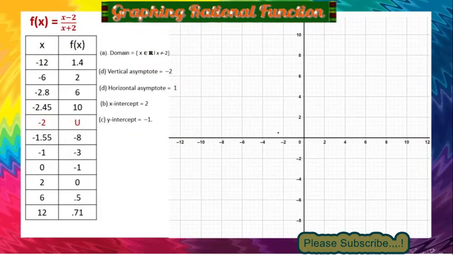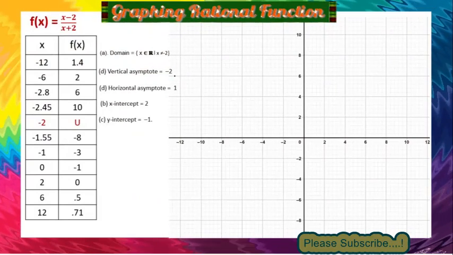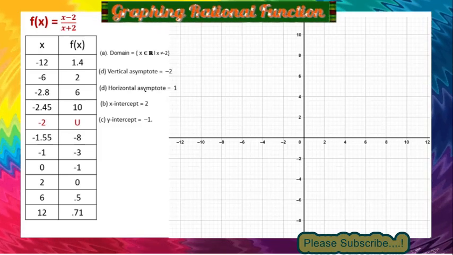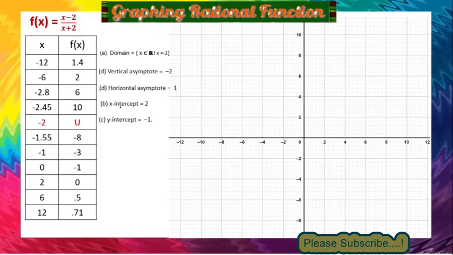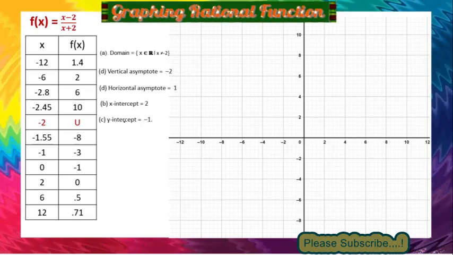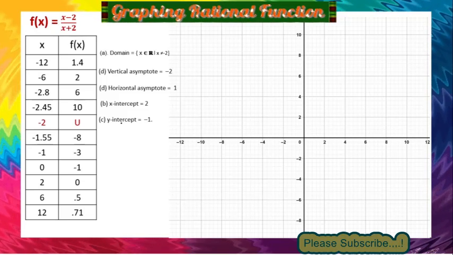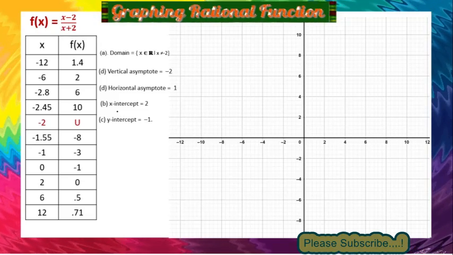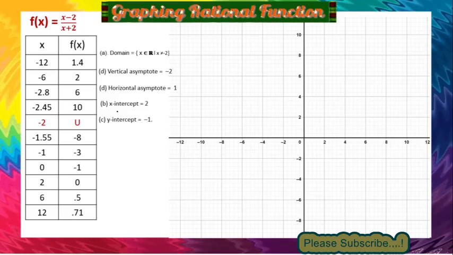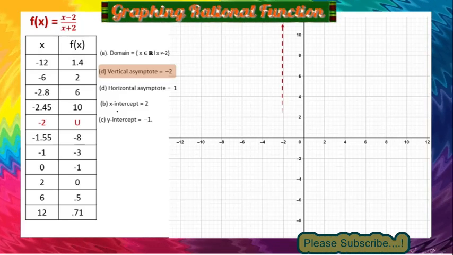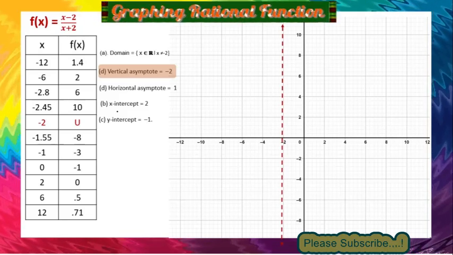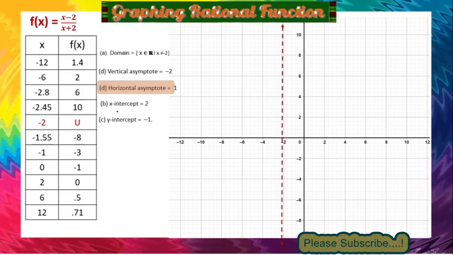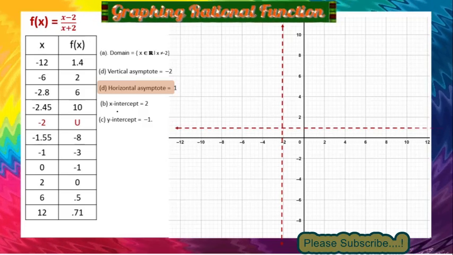Okay, so I have already written here the values of our vertical asymptote, horizontal asymptote, x-intercept and y-intercept. What we're going to do now is to plot these in our graph. We have the vertical asymptote of -2, so this is the one. Then the horizontal asymptote is 1, that area.